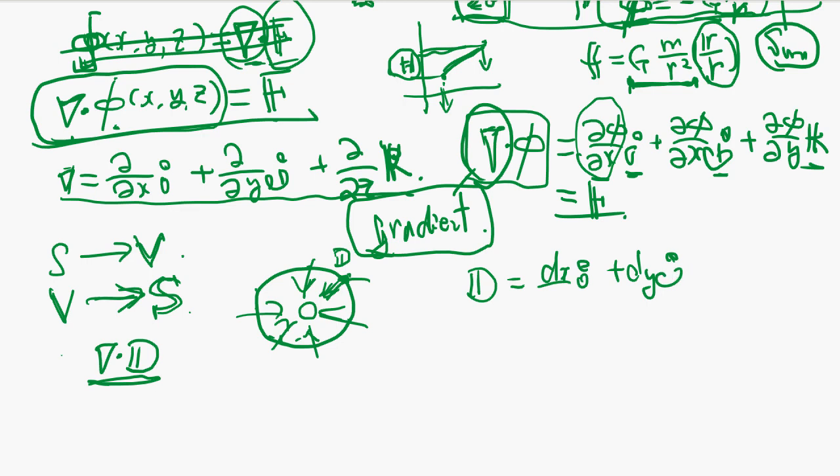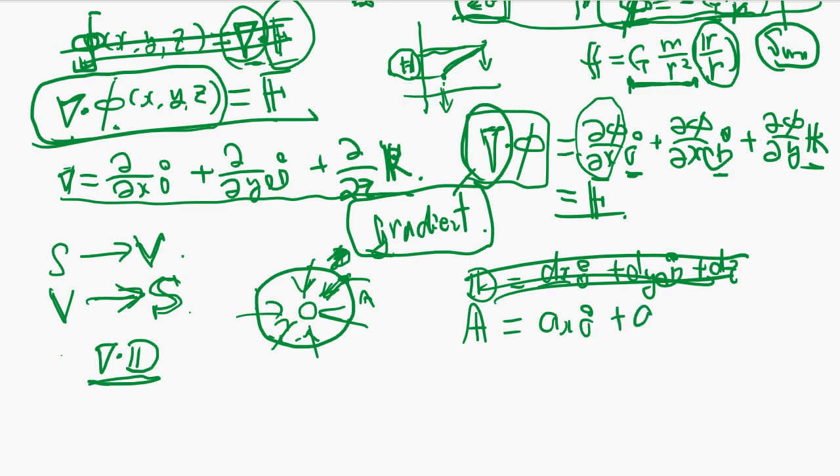This d is not good. Let's make it amount A. A equals ax i plus ay j plus az k, right? i j k. And the vector shows how much, which direction water is flowing, and that derivative becomes some unique constant of this sink.